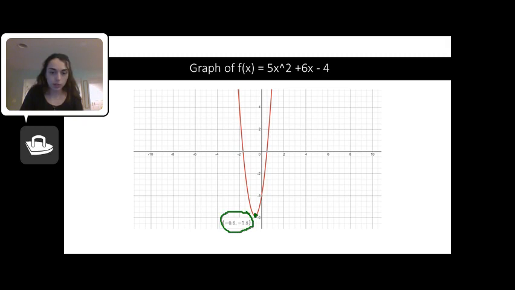At x equals negative 0.6, that's the same thing as negative 3/5, like we found out in that first example. So if we're ever unsure if our answers are right, we can check on a graph. I will not be letting you use a calculator come the exam, so it is important to know how to find these answers without a graph. But this is a great way to check to see if we are doing these processes right. Okay, moving on.